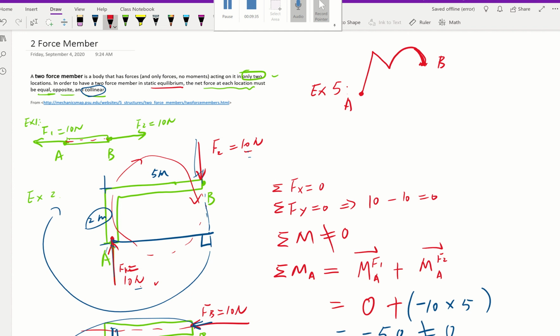Why? Because there are only two forces, and these two forces act at only two locations. So that's going to be a two force member. Then a two force member has to abide by opposite, equal, and collinear. So I connect A and B, and I say they can be in compression. That's going to be my two force member direction right away. Okay.